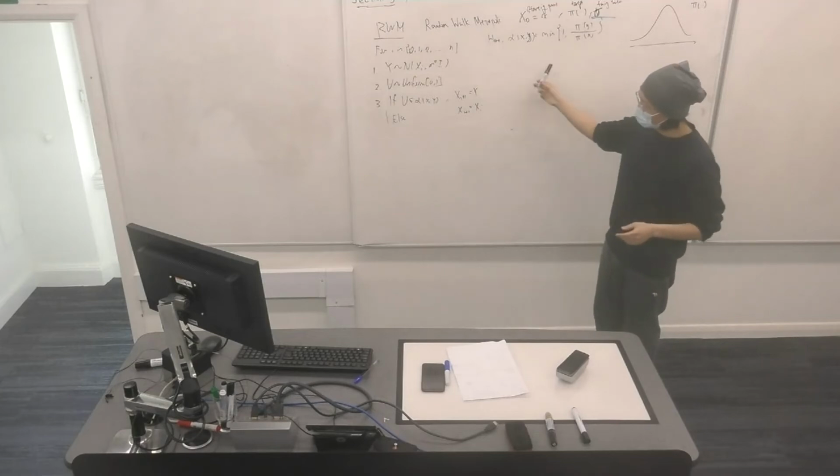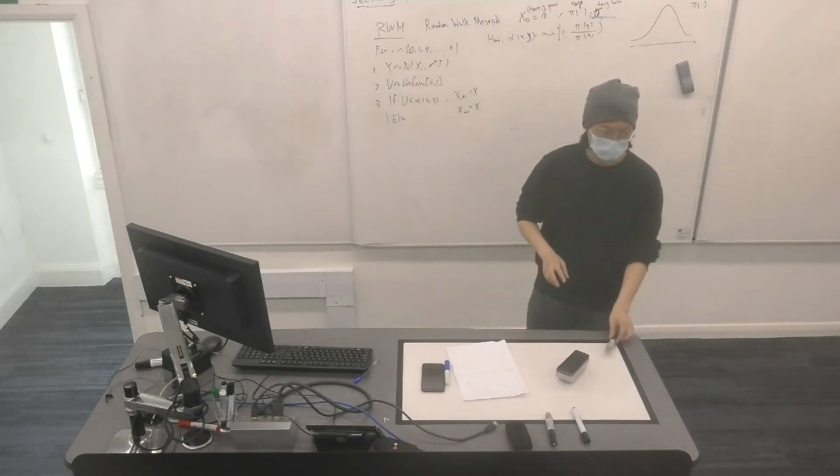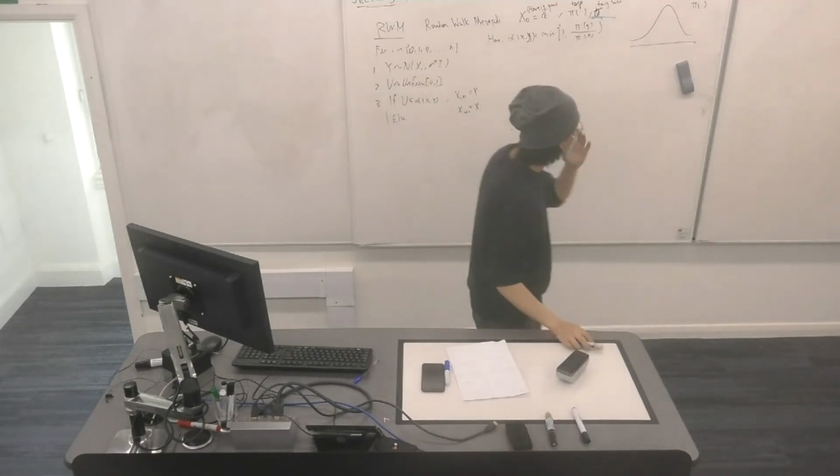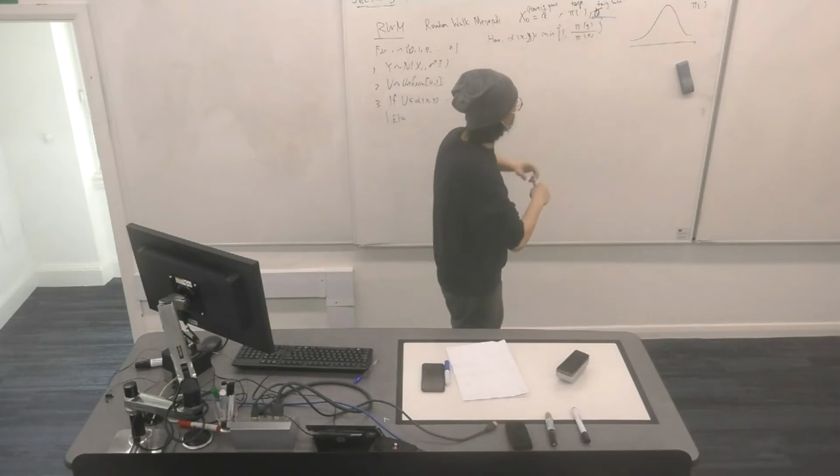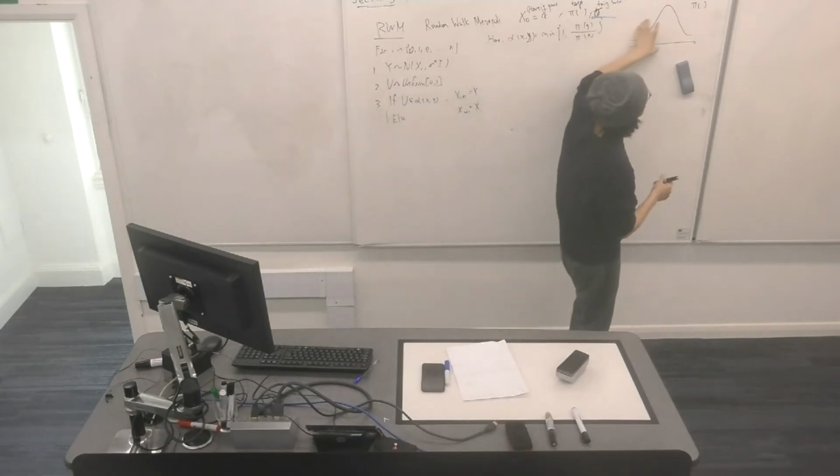On the acceptance-rejection, this part is like taming our states, taming the samples such that they more or less follow this distribution.